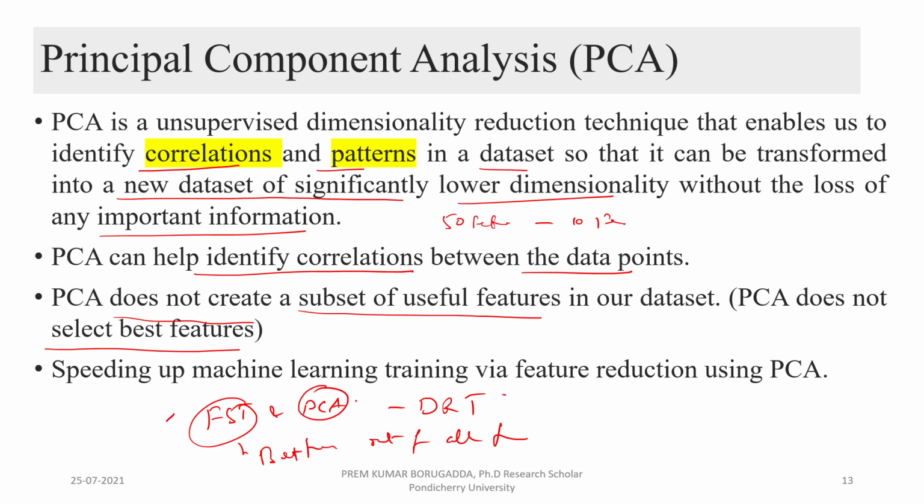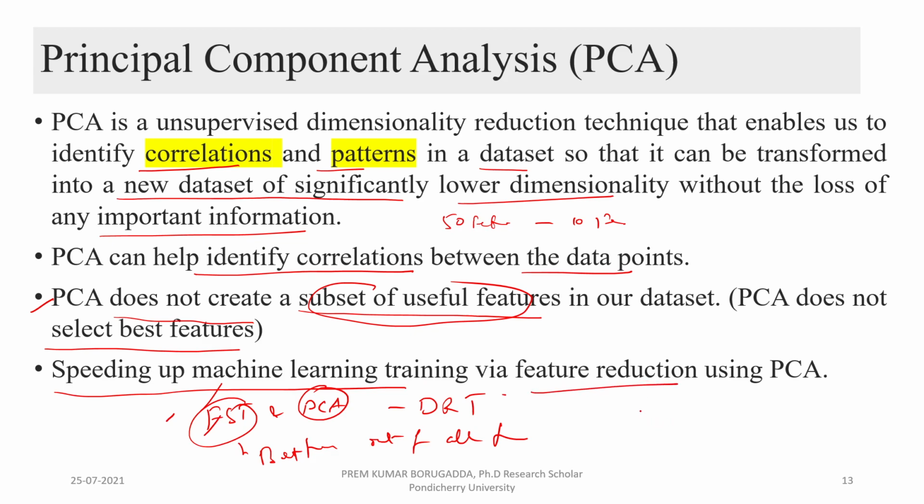PCA is not like that. PCA will help to reduce the data without losing the information, which means PCA does not create any subset of useful information like feature selection techniques.